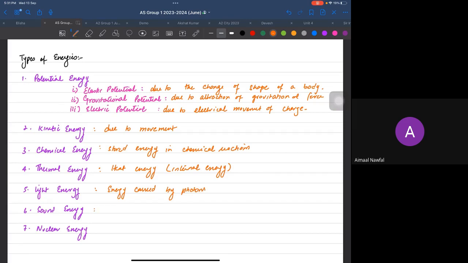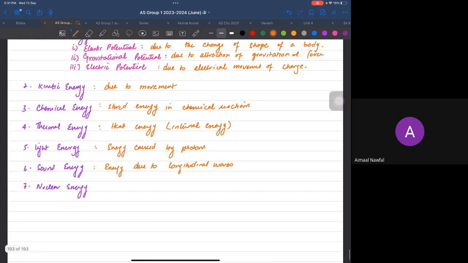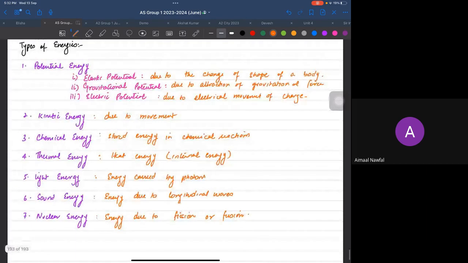We have sound, which is energy due to longitudinal waves. Finally, we got nuclear, and nuclear is basically energy due to fission, which is splitting of a nucleus, or fusion, which is combining of nuclei, like that. So you guys can please copy this. If they ask you about any of these, you should be able to remember.